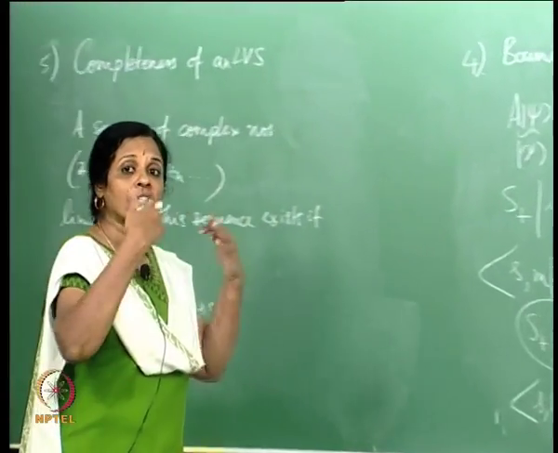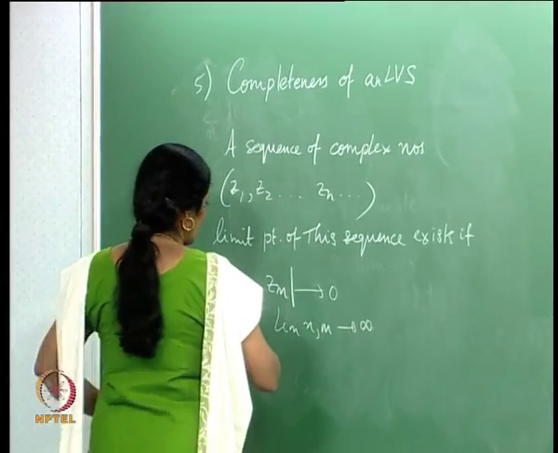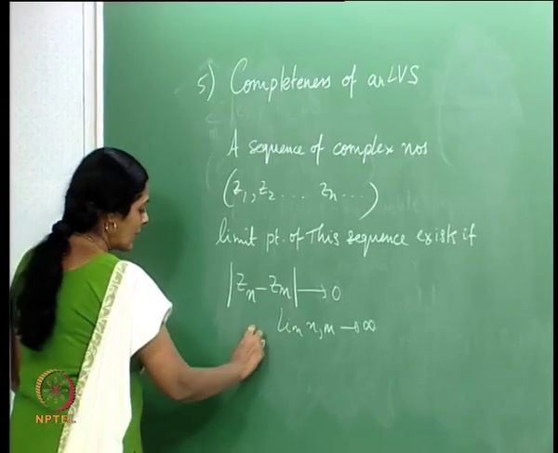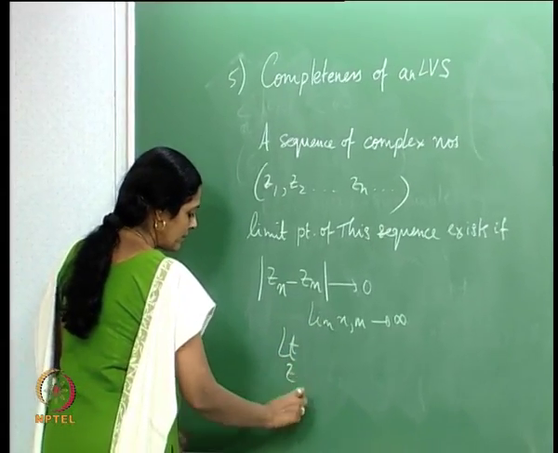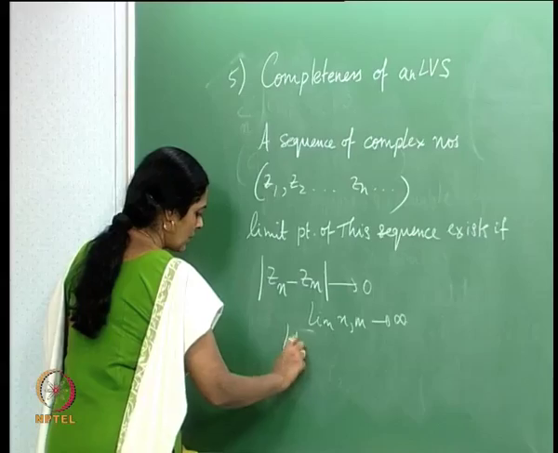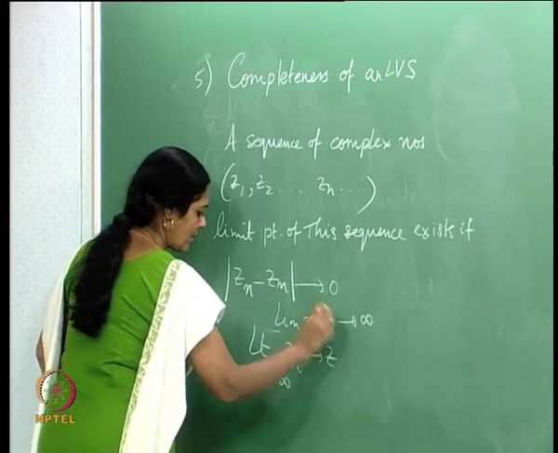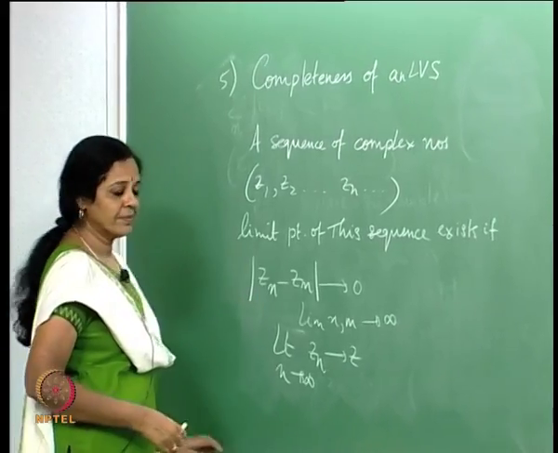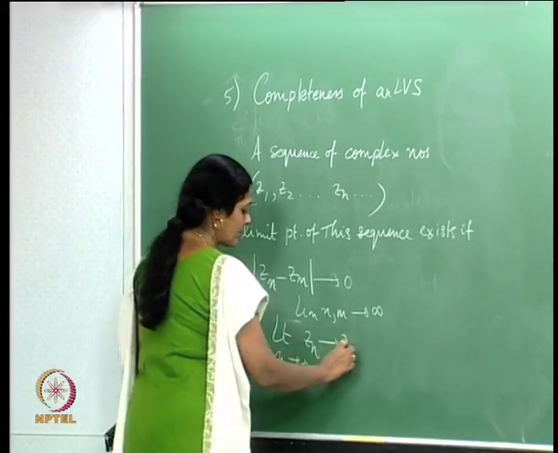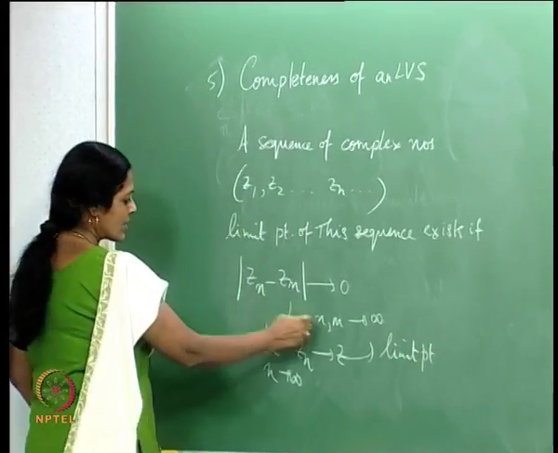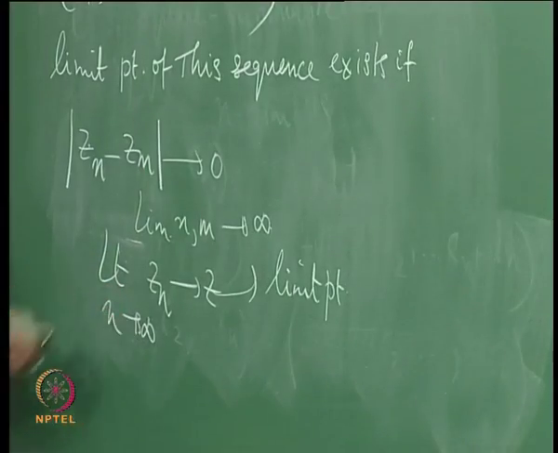The series need not even converge. Now, if this holds, then you are guaranteed that the limit as n goes to infinity of Zn is some number z, and that is the limit point. So this guarantees this.